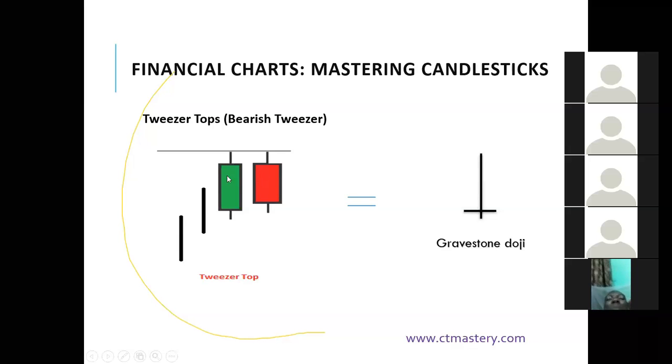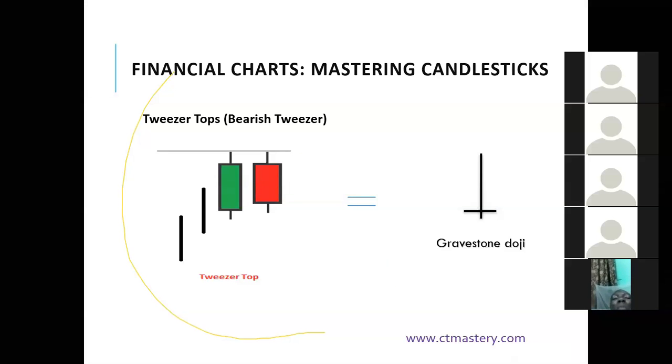If you join these two candlesticks, you will get a Gravestone Doji. And because you get a Gravestone Doji when you join them, it should have the same characteristics of a Gravestone Doji. That is, it occurs at the top of an uptrend or a key resistance area. We should expect the market to change direction, to change course, and go down.